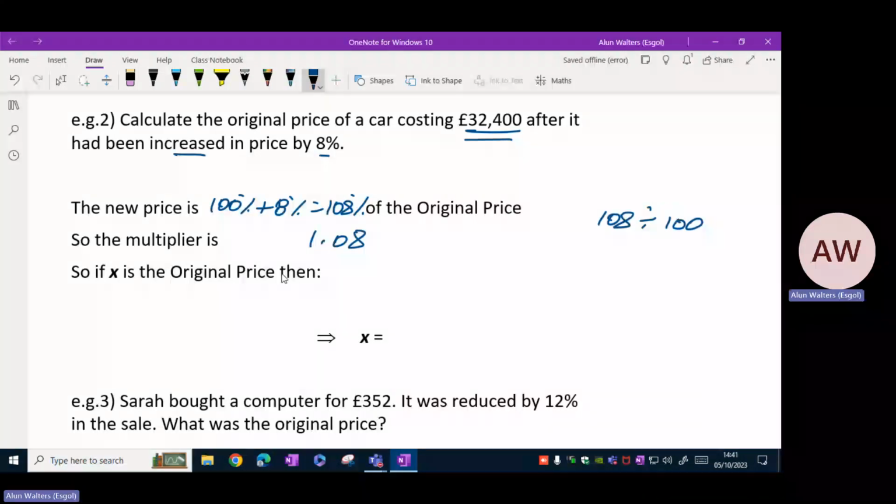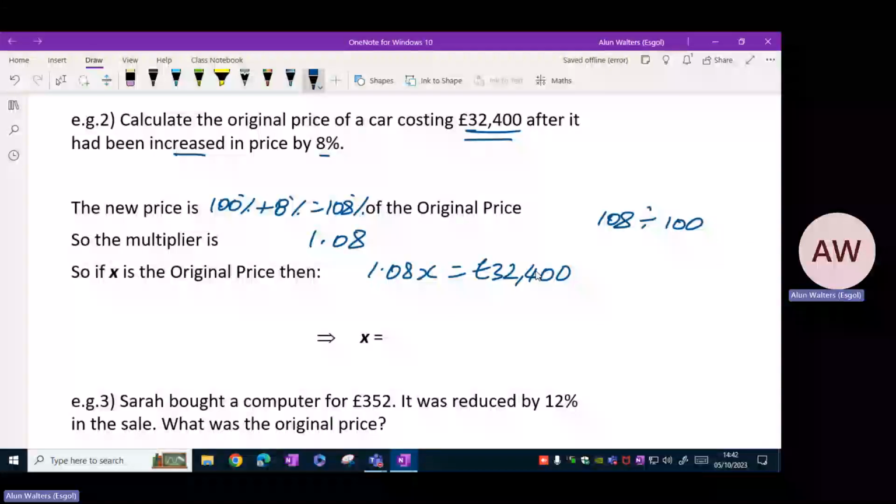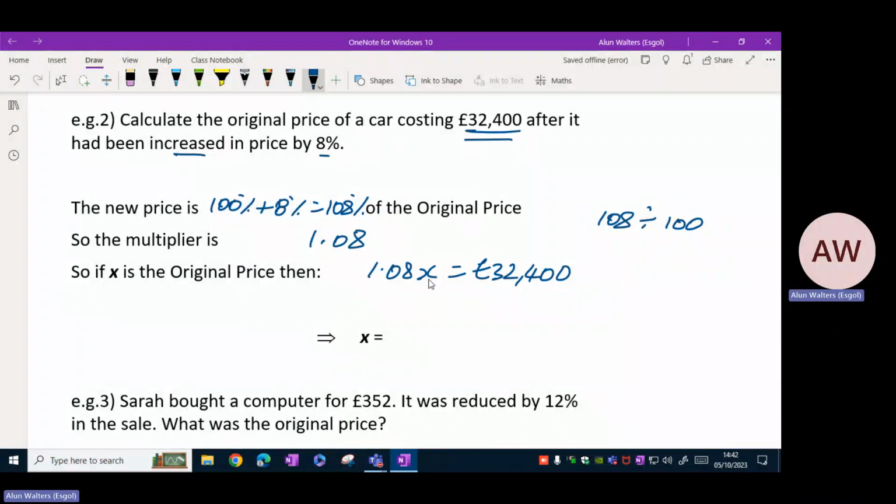Then I make the statement: the multiplier 1.08 times the original value, which I've called x, is 32,400. So I rearrange it and say x is equal to 32,400 divided by 1.08.